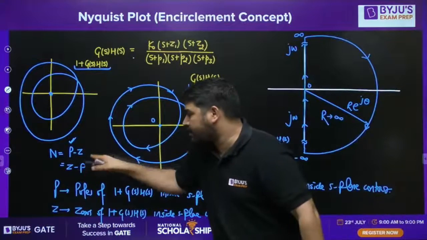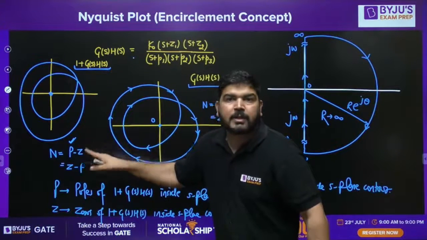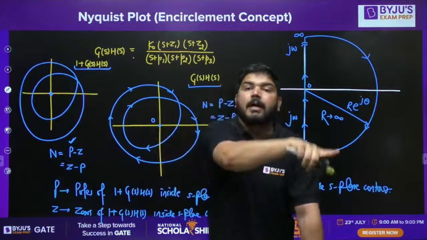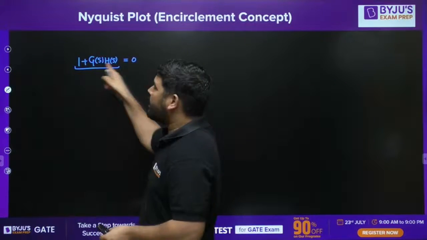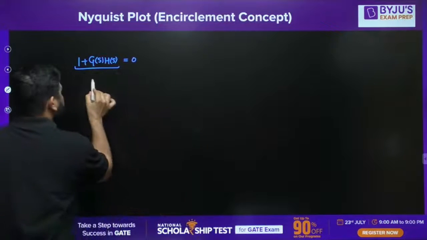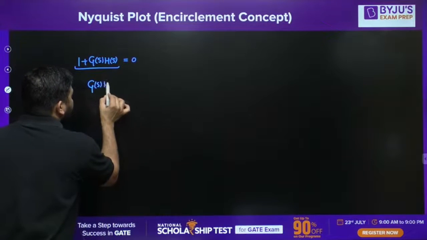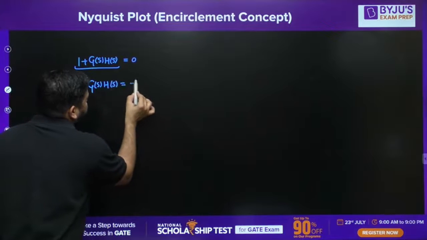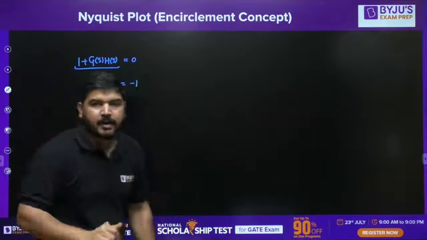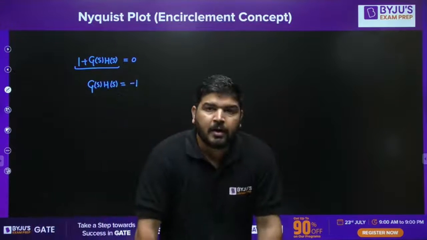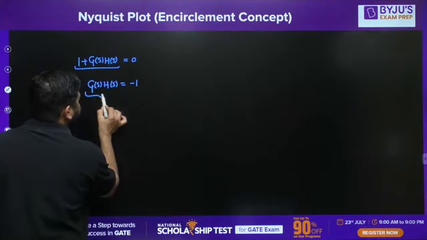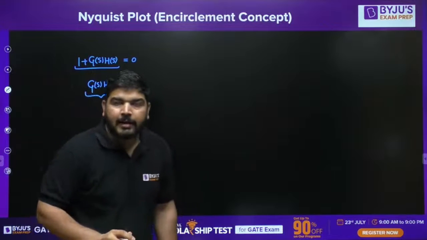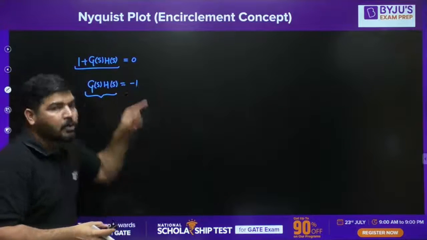That encirclement of origin is P minus Z, where P and Z are the poles and zeros of 1 plus G(s)H(s) inside the S-plane contour. But now I don't want to map into 1 plus G(s)H(s). I want to map into G(s)H(s). So from here, G(s)H(s) will be minus 1. You take this 1 on this side in the characteristic equation. So what you need to do is, you need to map the S-plane contour into G(s)H(s) and you have to look at the encirclement of minus 1.